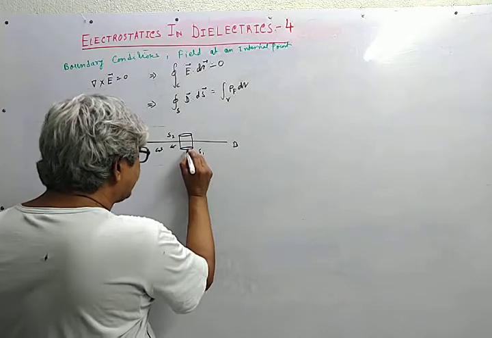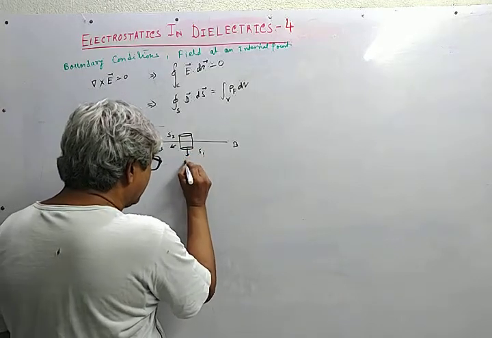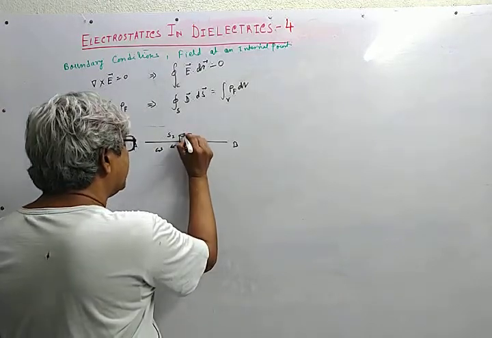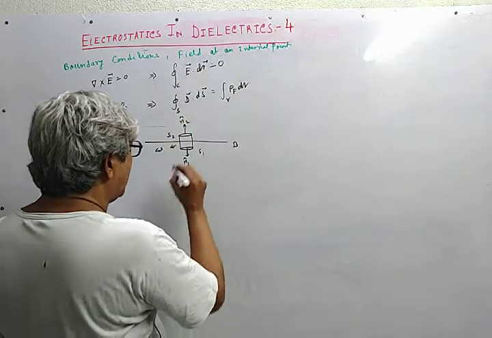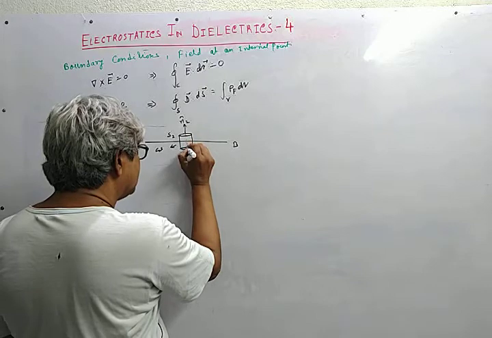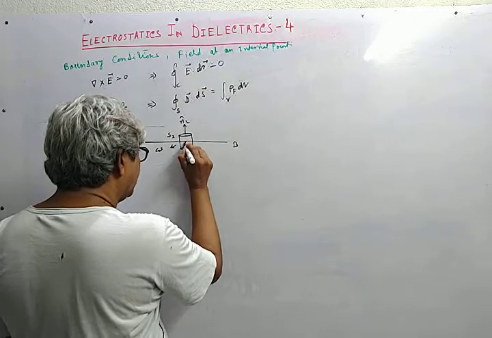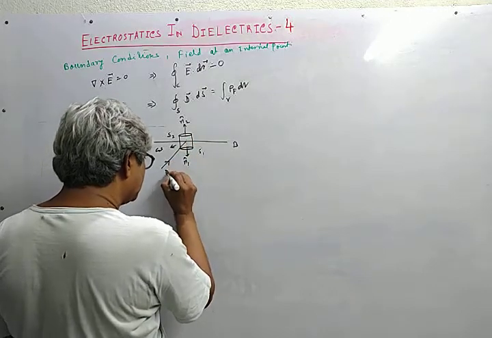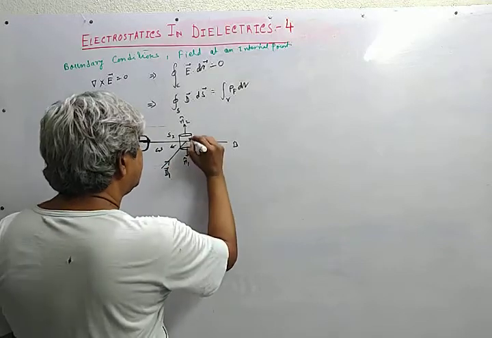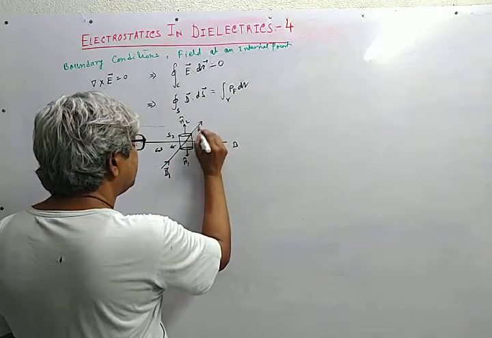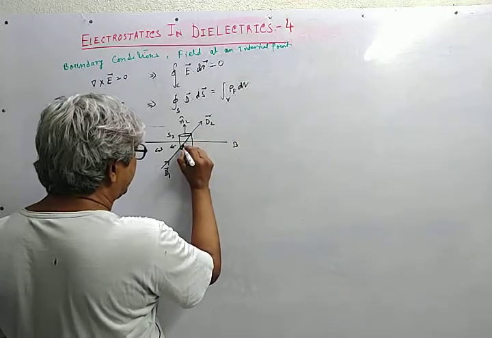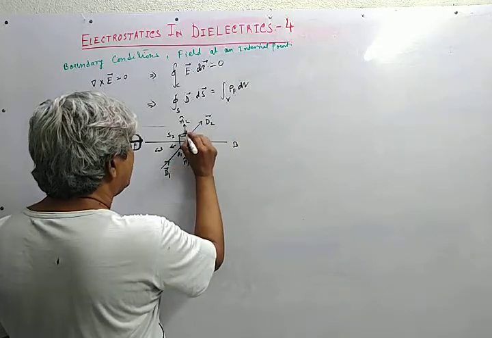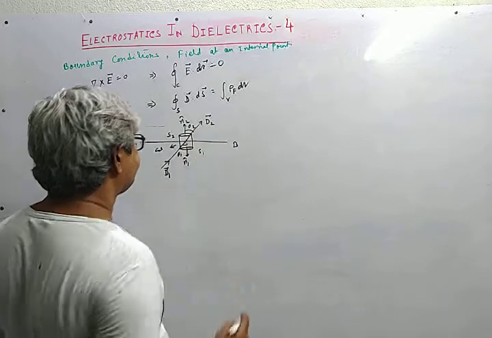The unit vector in medium 1 is n1 cap, and the unit vector in medium 2 is n2 cap. Let us consider the vector D1 in medium 1, and D2 in medium 2. The angle that D1 makes with the normal is theta 1 and for D2 it is theta 2.